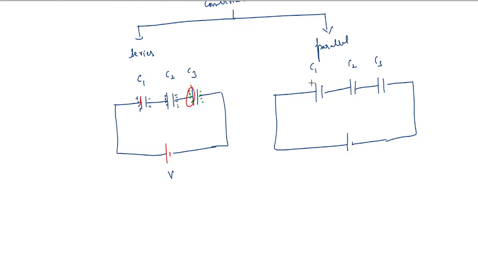If charge on this plate is plus Q, charge on this will be minus Q. Because of this plate, charge here will be minus Q. This becomes plus Q, minus Q and then plus Q. So this combination where each plate has the same charge is called series combination, which means each plate will have the same amount of charge, which is Q in this case. We can define series combination as saying that in series combination each capacitor will have the same charge.